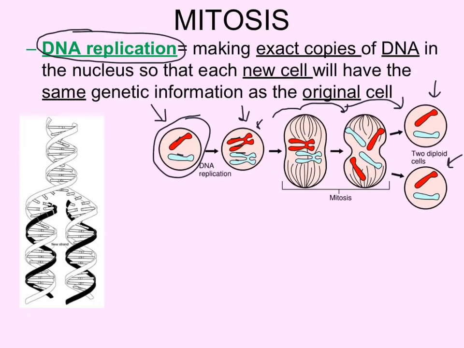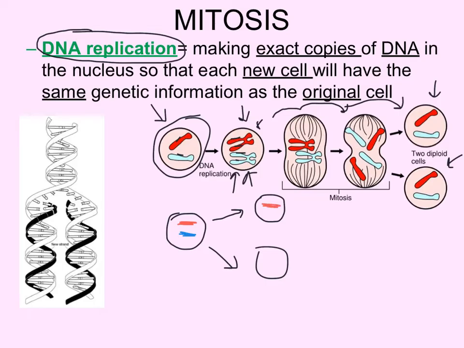If the cells did not replicate their DNA right there, and we started with a simple cell with 1 red chromosome and 1 blue chromosome, and they simply just divided without replicating their DNA, we would end up with 2 cells, one with 1 red chromosome and one with 1 blue chromosome.